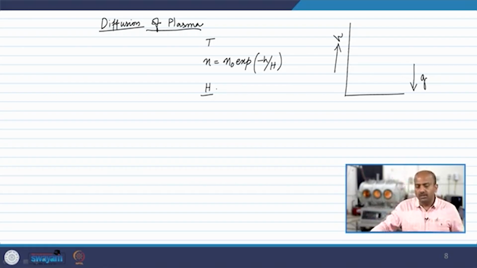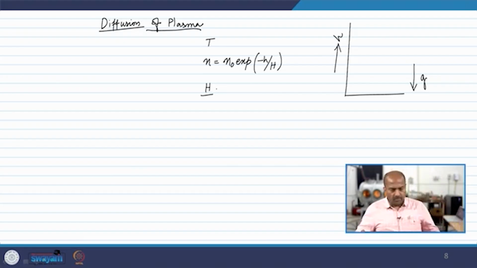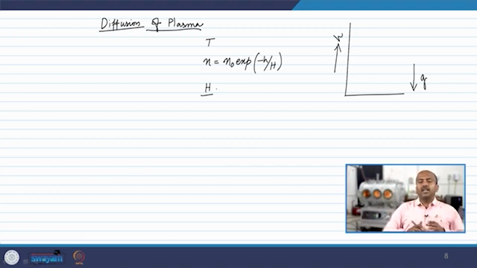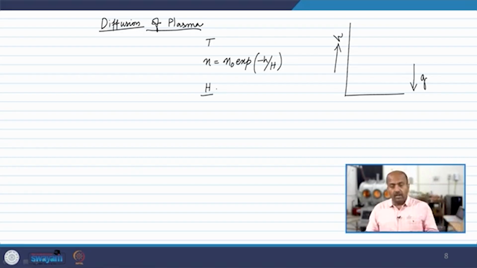What we will do in this subtopic, which is the diffusion of plasma, is try to understand how a gas or a particular species will move through another species, how it will diffuse, how it will go from one point to another point in the presence of another species. Okay.